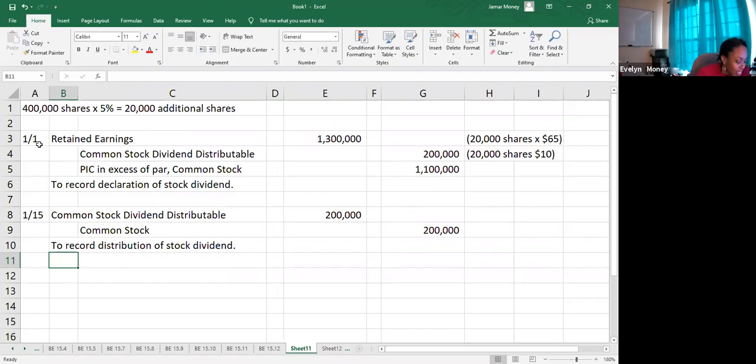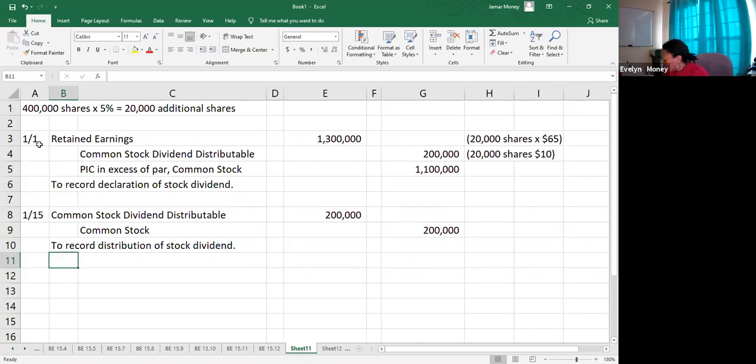Now let's look at a large stock dividend problem, and that would be brief exercise 15.14. For brief exercise 15.14, we need to use the same information from brief exercise 15.13, but assume Green Day Corporation declared a 100% stock dividend rather than a 5% stock dividend.